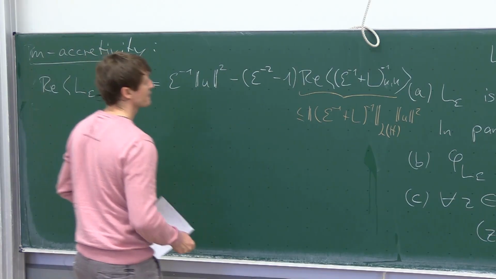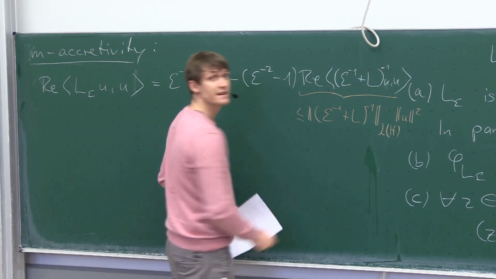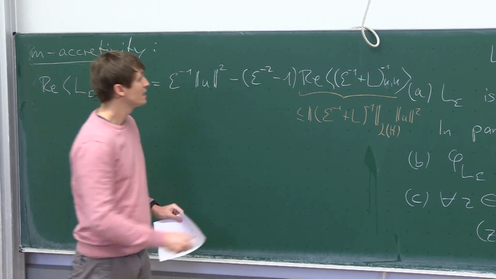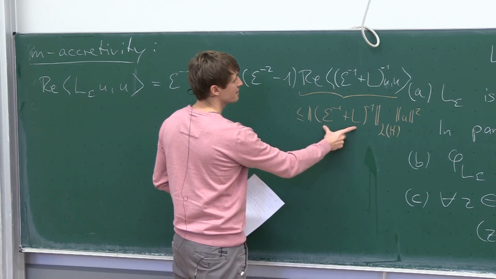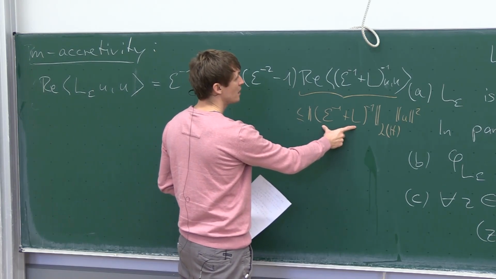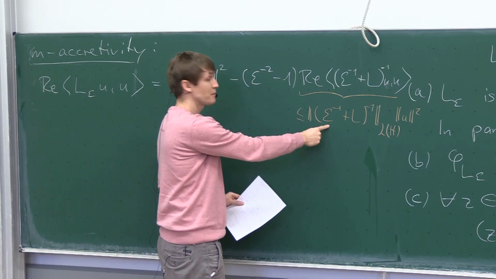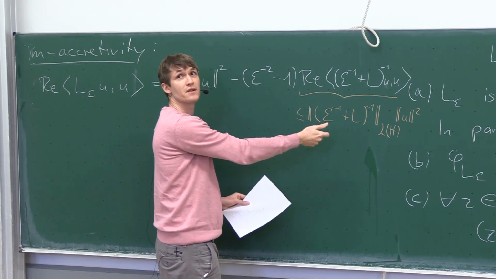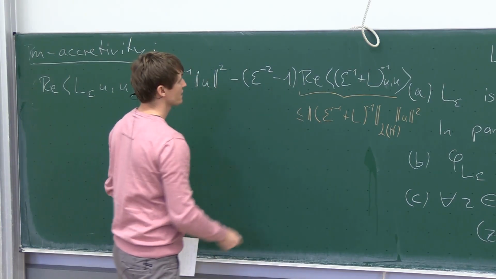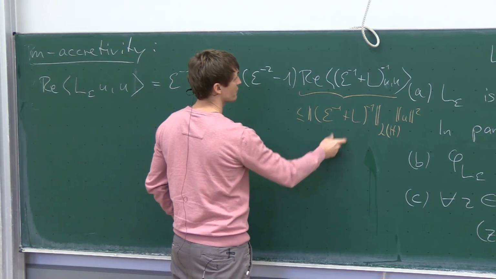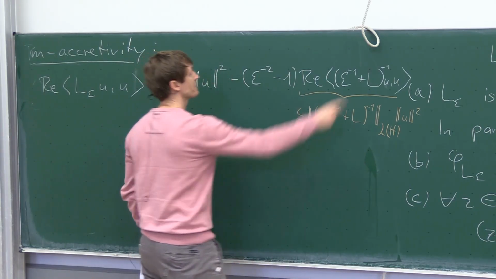And now, by assumption, L is an M accretive operator, which means that I can control this operator norm here by 1 over this number. And 1 over epsilon to the minus 1 is just epsilon. Okay, so I can control this again from above by epsilon, essentially.